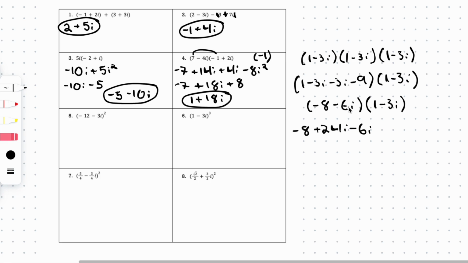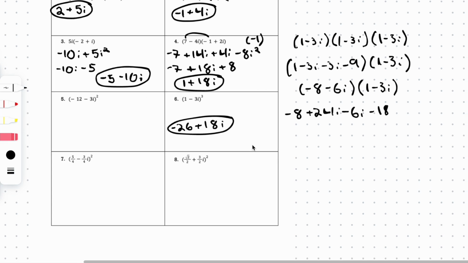And then we have negative 6i times negative 3i, which is going to be positive 18i squared. i squared is just negative 1, so I'm going to say negative 18. Then we can combine like terms. So negative 8 minus 18, that's going to be negative 26. And positive 24i minus 6i is going to be 18i. Perfect. And that's our answer.